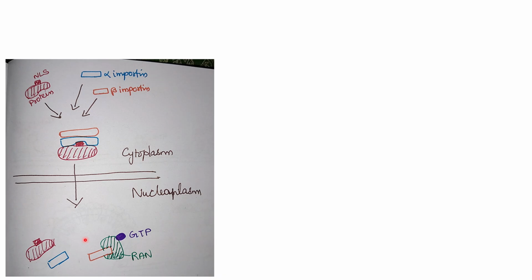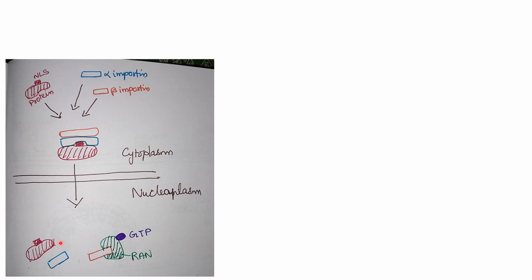Once the protein reaches the nucleoplasm, RAN GTP, which is found in higher concentration in the nucleoplasm than in the cytoplasm, will cause the dissociation of this protein from the alpha and beta importin, and the protein will be released in the nucleus.